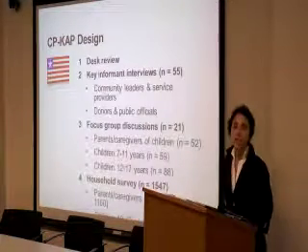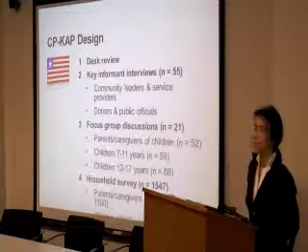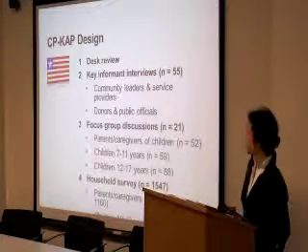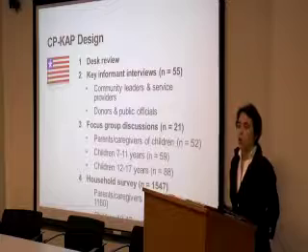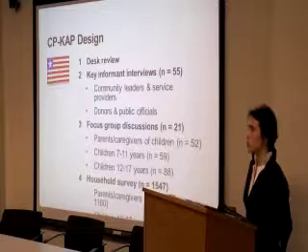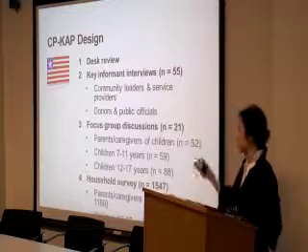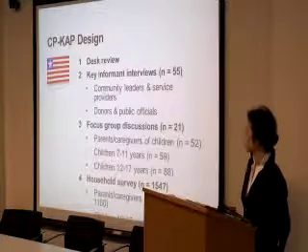The design covered a number of methods. The desk review and the key informant interviews were essential at the beginning, particularly, I'll come back to that later, mostly with community leaders, with donors, with UN and other NGO people working with child protection.